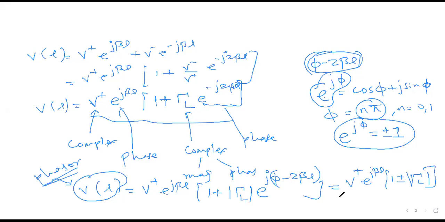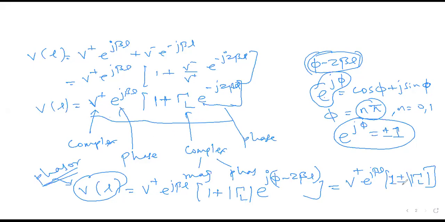So this 1 is constant, fine, I don't have a problem with 1. So this plus or minus will govern our maximum or minimum quantity, right?